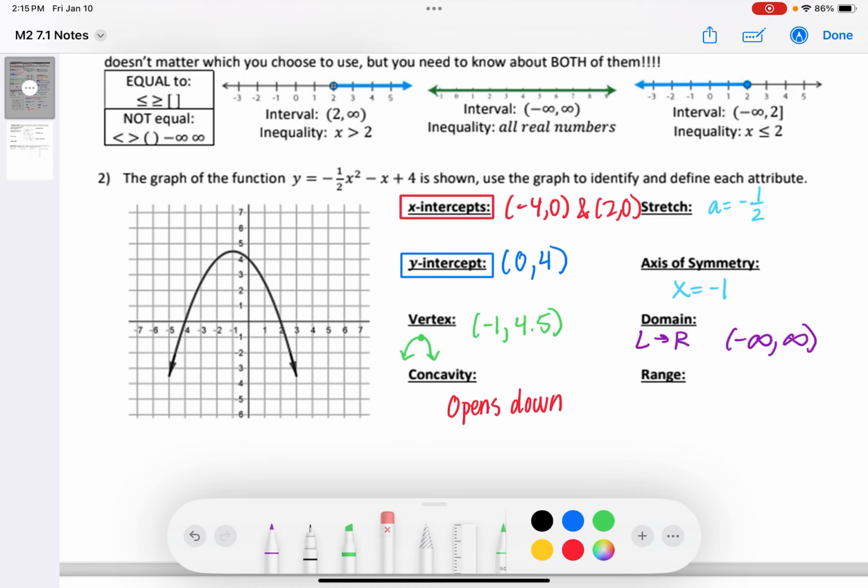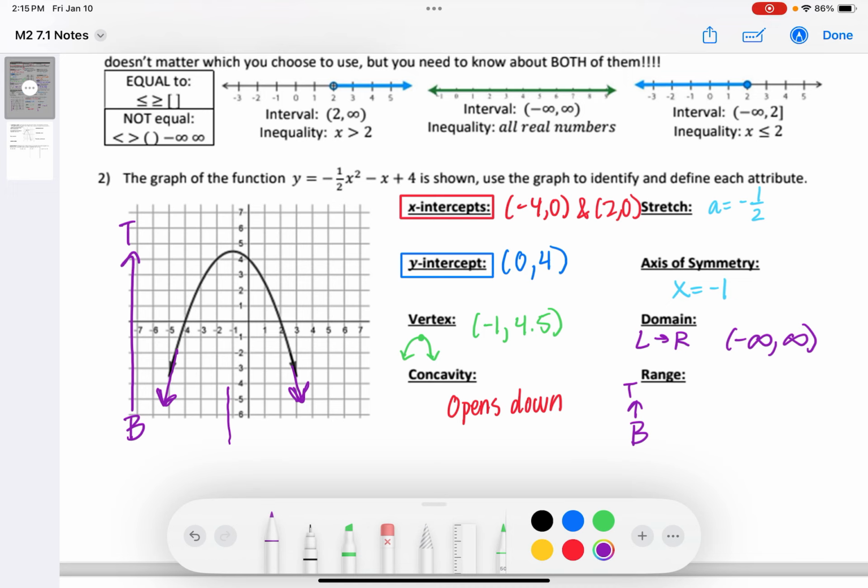It's pretty nice. And then range: you're reading it from the bottom of the graph to the top. From the bottom, it's coming from infinity because of these arrows right here. It's coming from infinity, but not positive infinity.